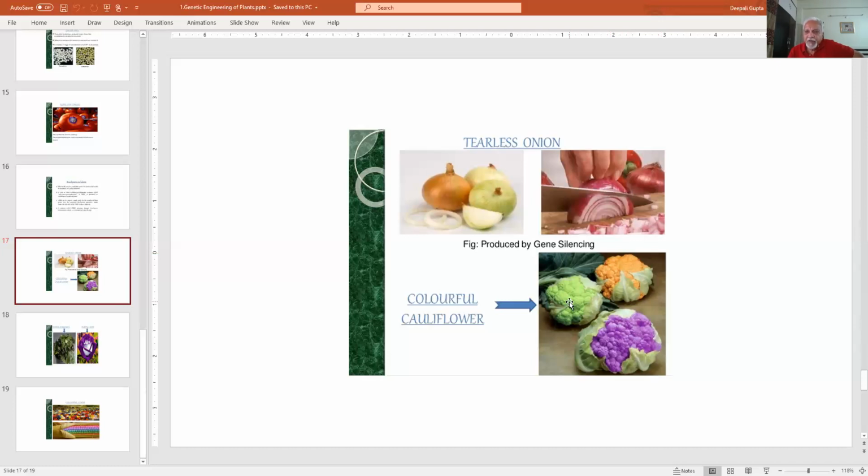Green is okay, but broccoli is there. But even if you have these products, the point I'm trying to make is the social acceptance for a product which one is generating.